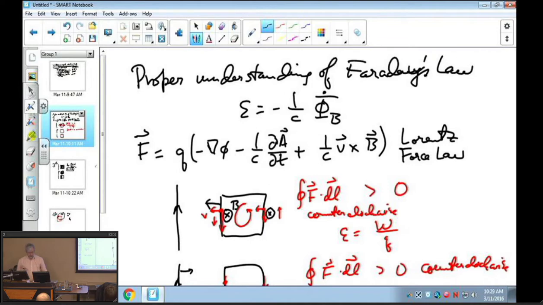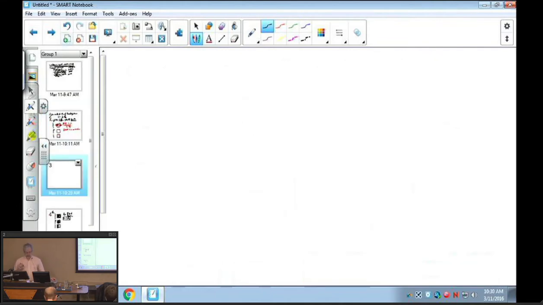All right, so now let's look at something else. In fact, I was thinking about this. This would make a nice test problem. Let's suppose we had a current carrying wire like this, with current in it, and we're going to take a secondary, and I want to ignore end effects.